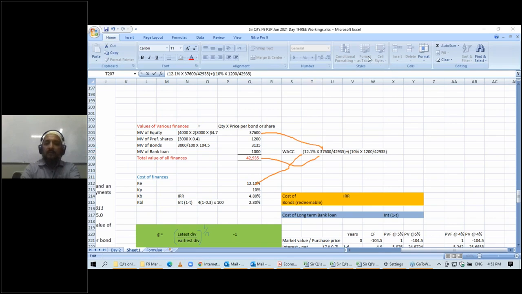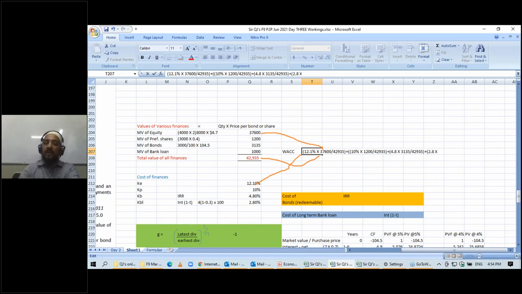So we'll take one by one the cost of each capital item or financing item, and keep on multiplying it with its market value out of the total market value. So now the bonds market value is 3135 divided by the total market value 42,935. And then finally the cost of bank loan, which is the lowest, 2.8%.